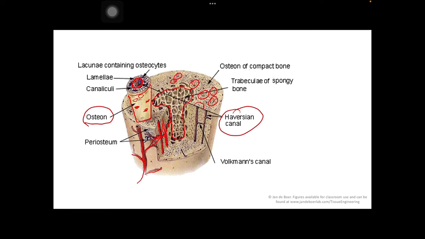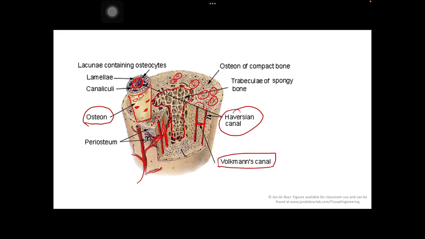Because bone is highly metabolic, you have many of these osteocytes that are metabolically active, and you need to give them the nutrients. That's why you need important blood vessels, arteries and veins, arterioles and venules that go up and down, and sometimes even horizontal between the canals. And these horizontal connections are called the Volkmann canals.